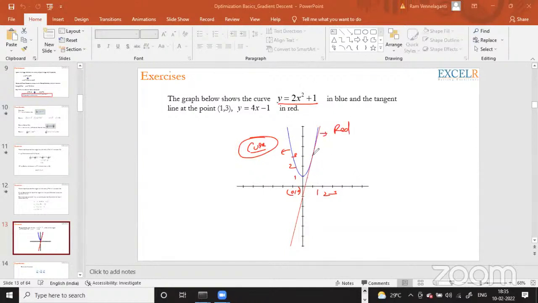It is going to touch your curve at point 1 comma 3. So this tangent line is going to have the equation y is equal to 4x minus 1 at this point 1 comma 3. What is the slope of your tangent line? m is equal to 4.